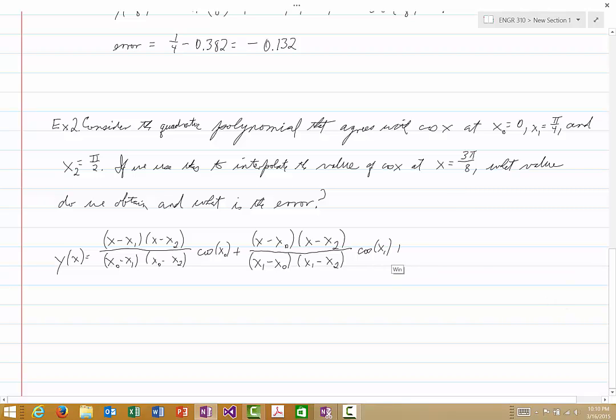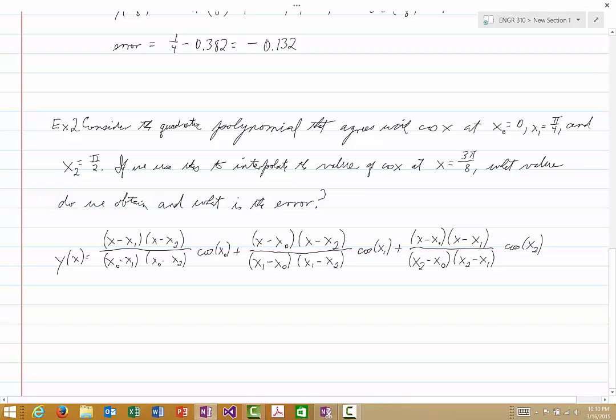And then finally, we will have x minus x0 times x minus x1 over x2 minus x0 times x2 minus x1 times cosine of x2.